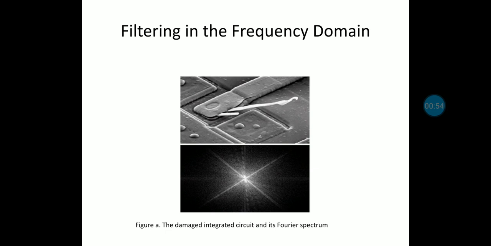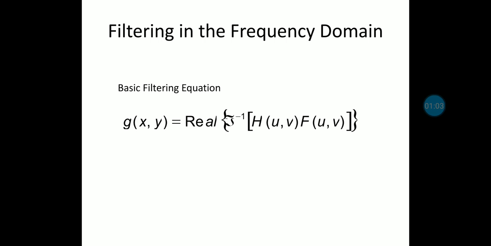The picture represents the damaged IC with its Fourier spectrum. The basic mathematical equation which is represented in frequency domain related to filtering is given by g of x comma y equal to real part of inverse discrete Fourier transform of h of u comma v into f of u comma v.